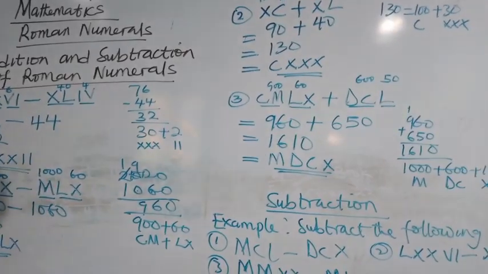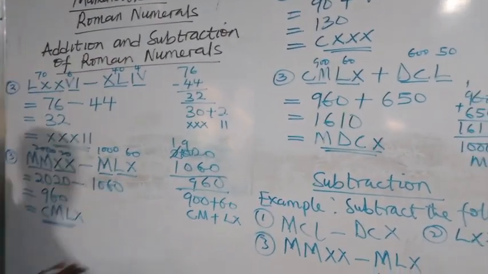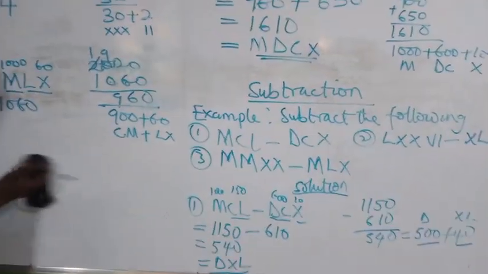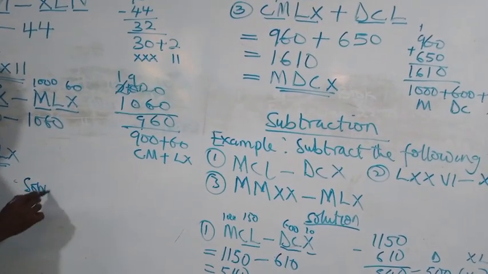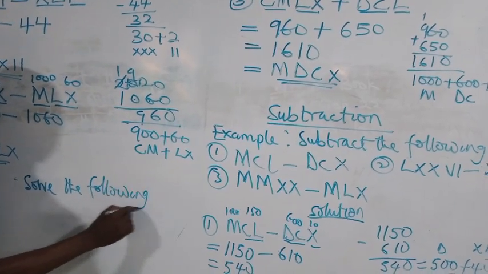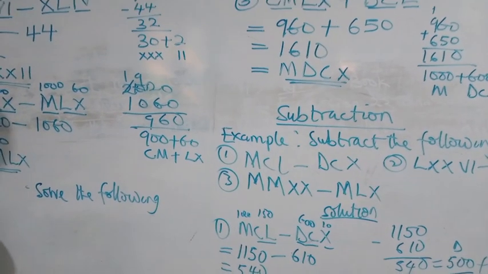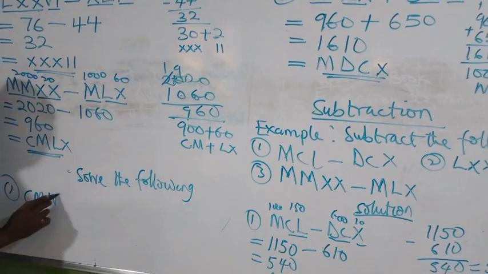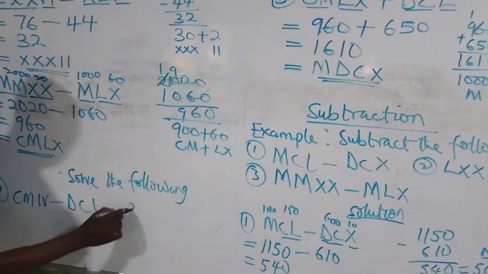Now, we want us to solve these questions on our own. One, CM IV minus DCL.